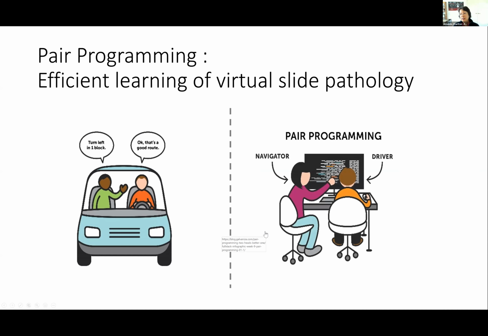When we convert this to the learning platform, there's two people sharing one computer screen, and on that screen will be your virtual slide, and you have different roles. The driver has the mouse and the keyboard, and the navigator has the textbook or the map. So what does that look like?